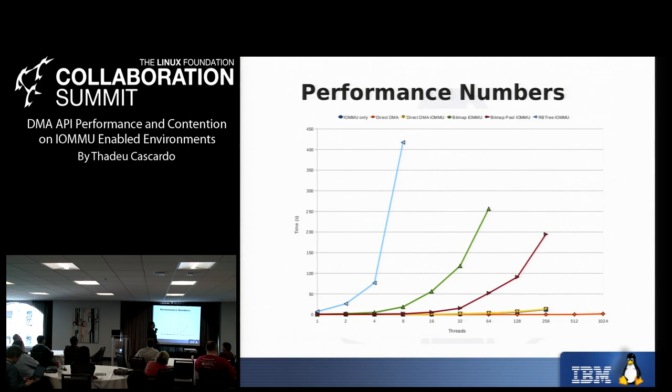And we take a lock, do that allocation, insert the entries in the IOMMU table, and then release the lock. So the entire time, we are holding a lock and not allowing any other CPU to do that same operation. So if you want to handle a packet, you've got to wait for the other CPU to handle the other packet.